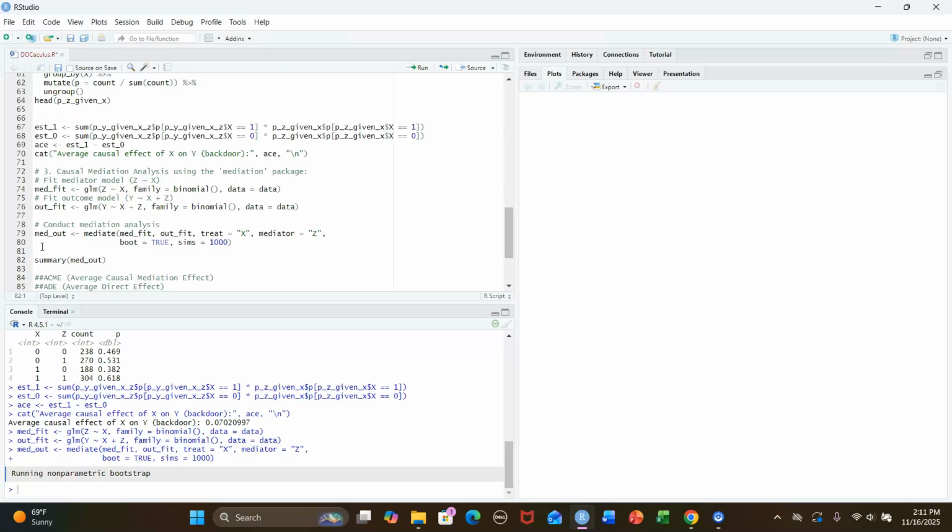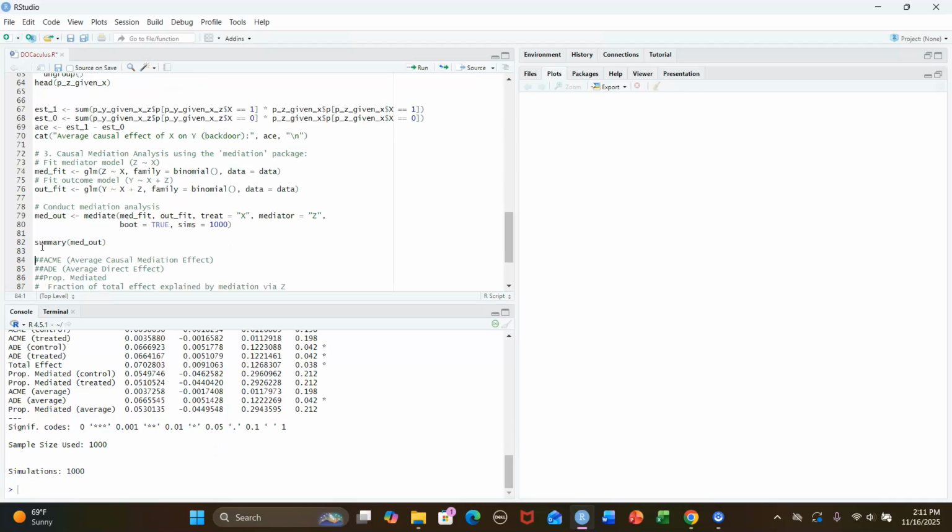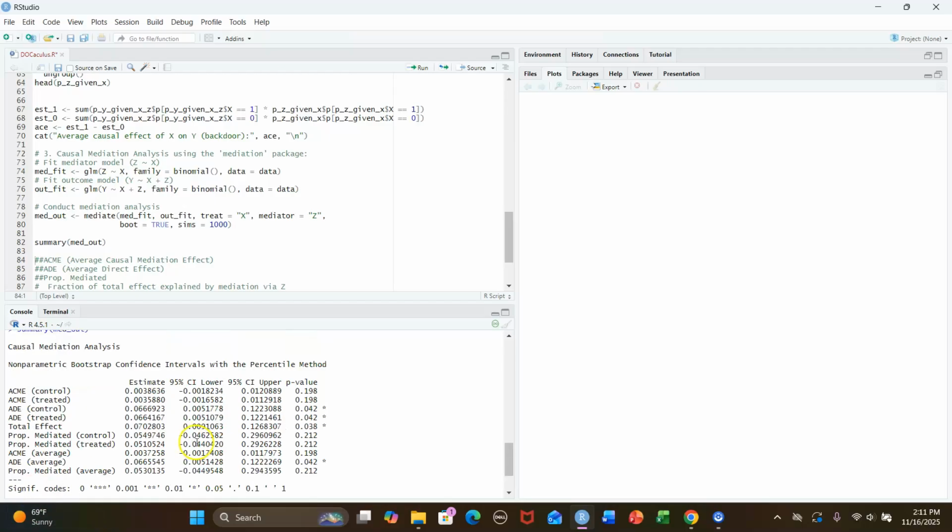Okay, now it's done. So if you look at the output, it gives us this table. And it has the estimate and 95% confidence intervals and the p-values. And you can see the ACME is average causal mediation effect, and ADE is the average direct effect. So the ACME is the effect of X on Y through Z. ADE is the effect of X directly on Y. Okay.